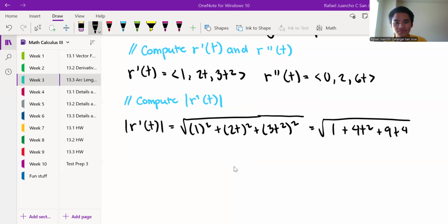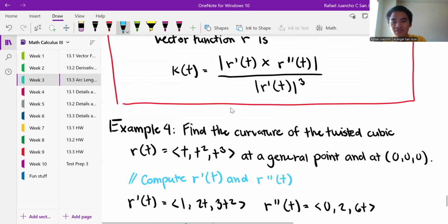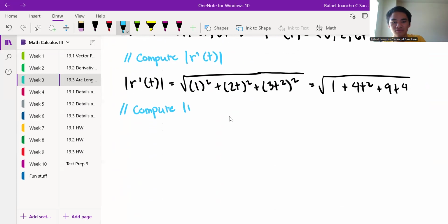Now I do a cross product. So from the formula, this thing, r prime of t, I don't even need the magnitude yet. We'll do it step by step. After I get the cross product, then I compute the magnitude. Cross product with its second derivative.